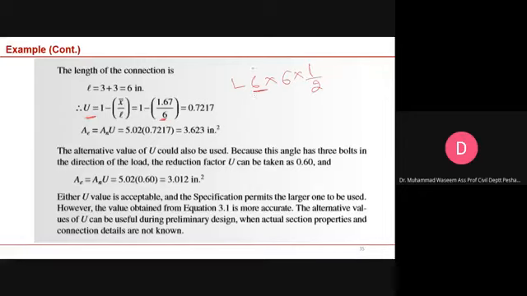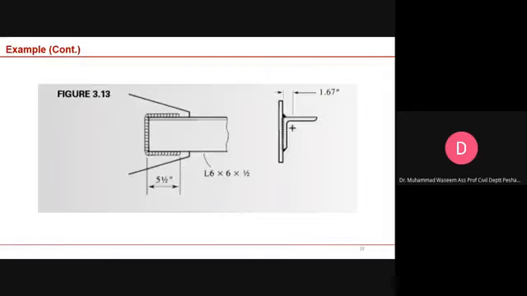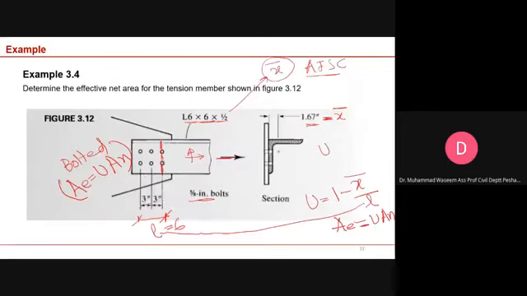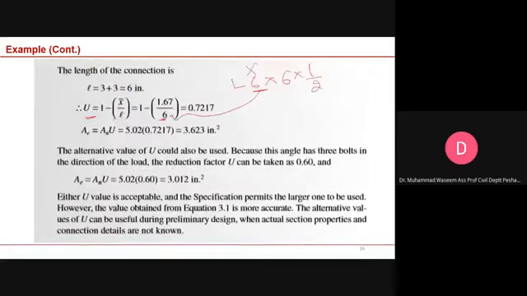This 6 is not this one. Sorry, this L, this L. So you can calculate U, which comes out to be 0.72. So you have the net area, and you can simply calculate the effective area.